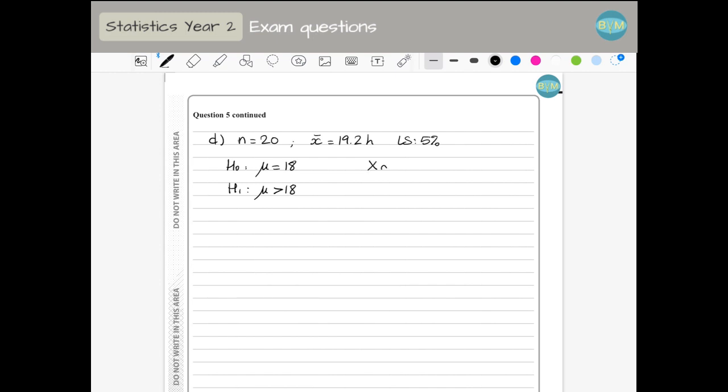Remember, my variable was called L, not X. L was N(18, 4 squared). That means that the mean of the time of the batteries, which is what we are checking here, is going to be distributed as a normal (18, 4 squared divided by 20).